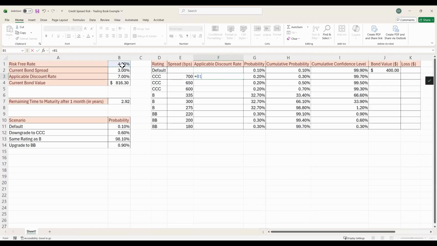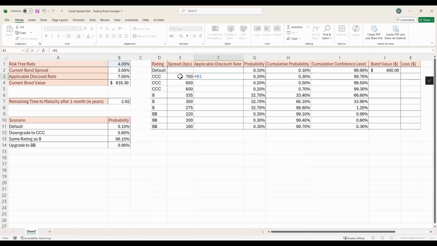Now, since this 4 has already been expressed in percentage, when you take it in the formula, it will automatically convert it into decimal. So it will be 0.04. We have to also convert 700 into 0.07, right? First we convert it into percentage: we divide by 100, so 700 divided by 100 becomes 7%. But then 7% divided by 100 again will become 0.07.